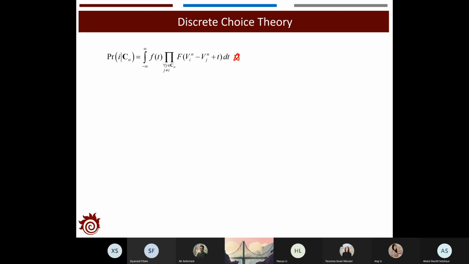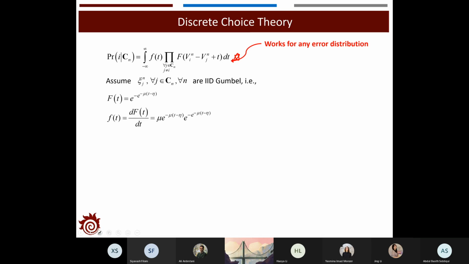But there have been a lot of studies investigating which distribution can be applied for the discrete choice model, and the best one is the Gumbel distribution. So here we assume that the random term follows the Gumbel distribution, and all these random terms are independent and also identical to each other.